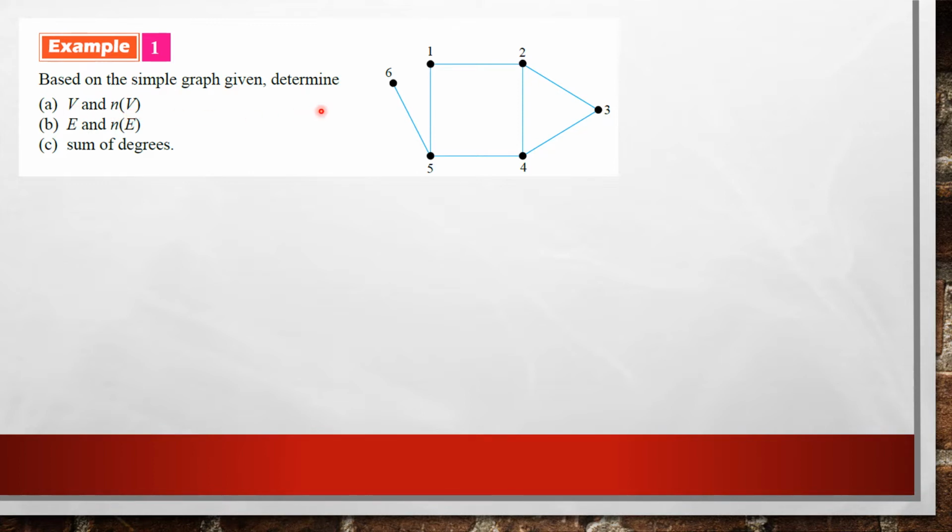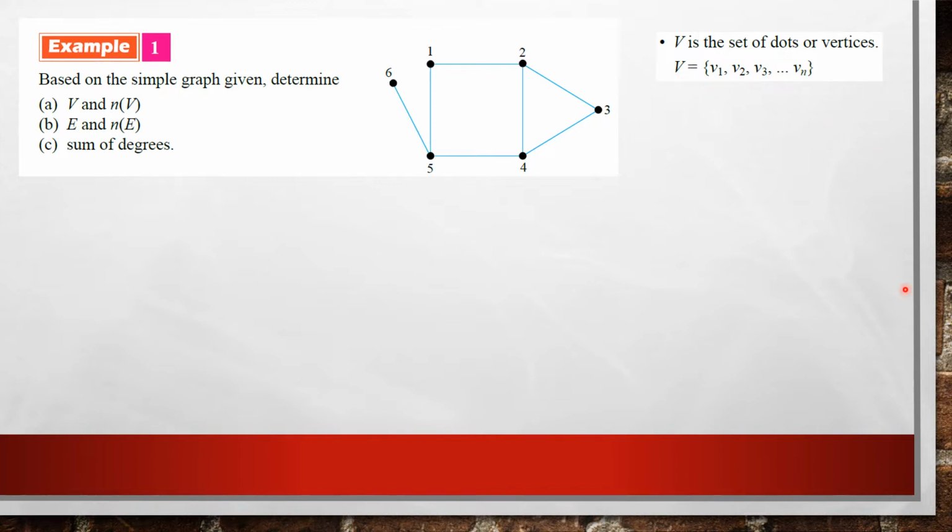So here we look at the vertices, part A. We have 1, 2, 3, 4, 5, 6. How are you going to write the answer? V is the set of dots or vertices. So this is the way we write the vertices.